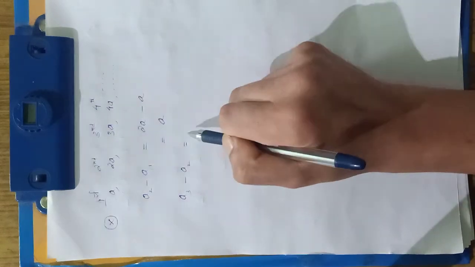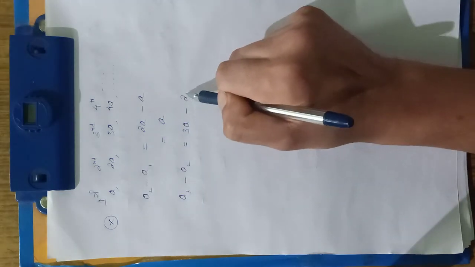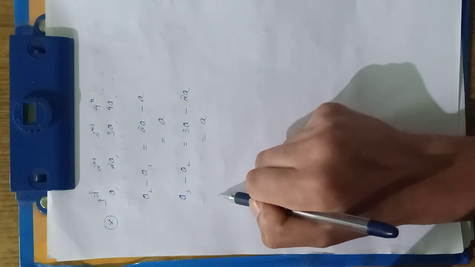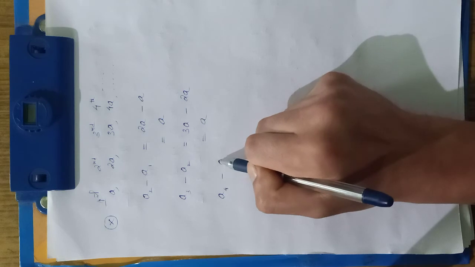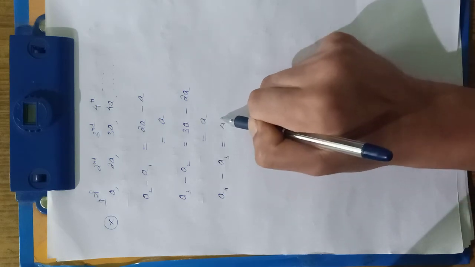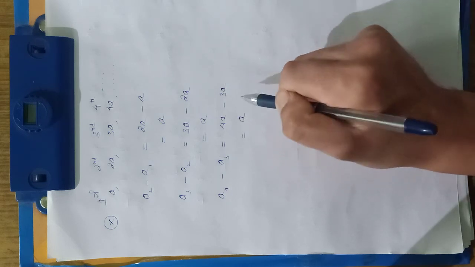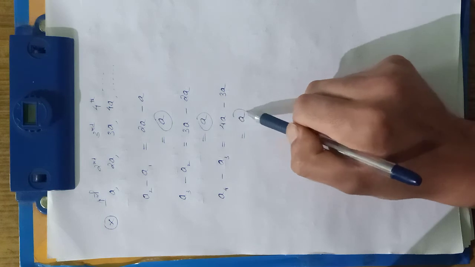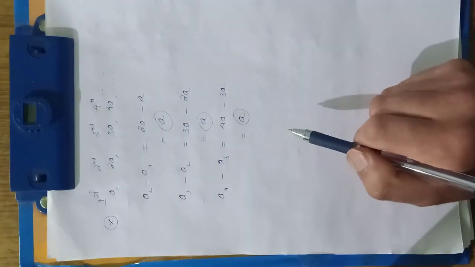The third term is thrice a, minus the second term, twice a, which gives you a as the difference. Now if we choose the fourth term, we subtract its preceding term. So 4a minus the third term 3a gives you a. In all those cases, we see that the differences are equal. Therefore, the given series is an arithmetic progression.